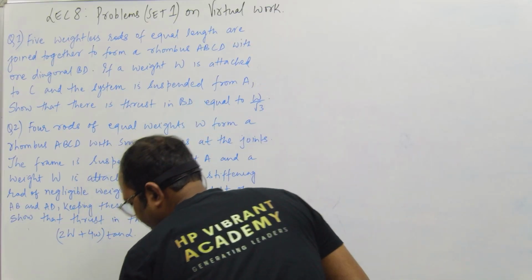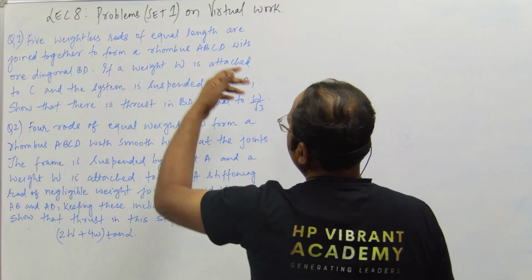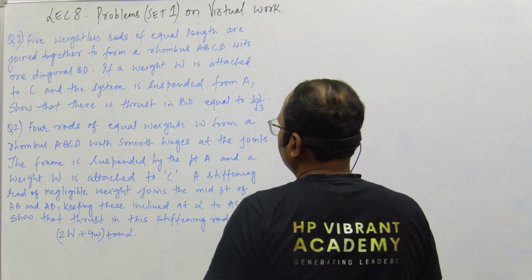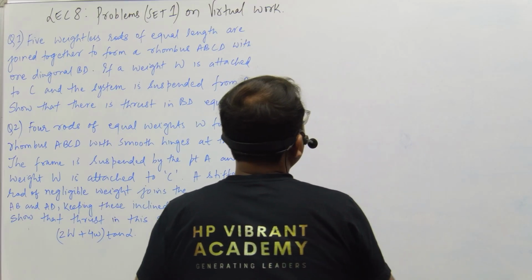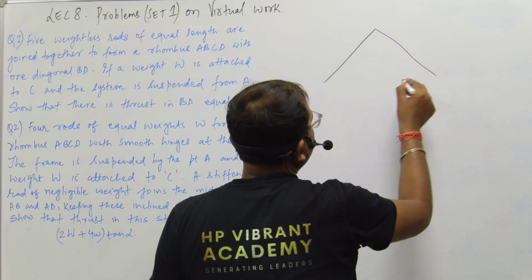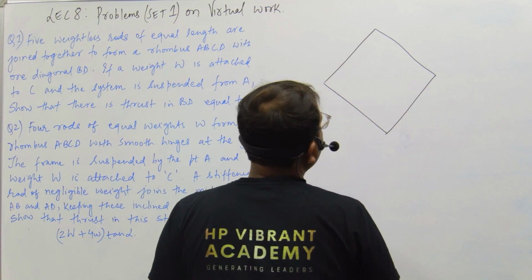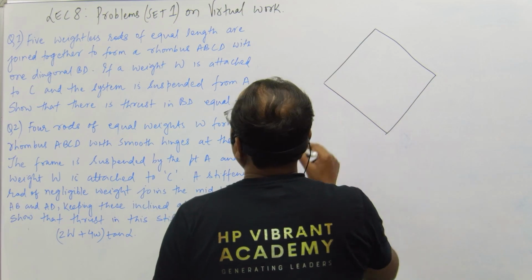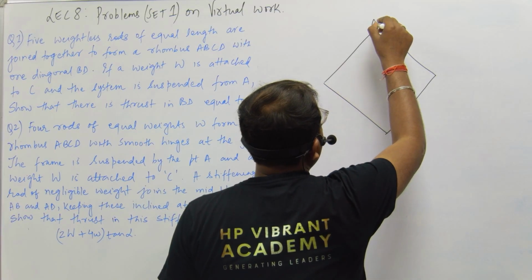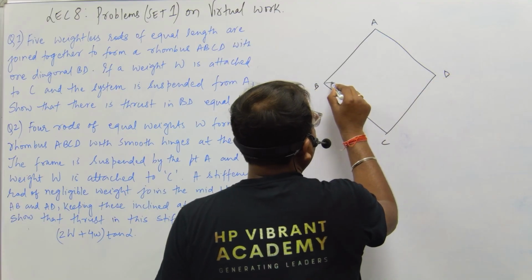We have 5 weightless rods of equal length joined together to form a rhombus ABCD with one diagonal BD. Let us draw the rhombus and name it A, B, C and D, with one diagonal BD.